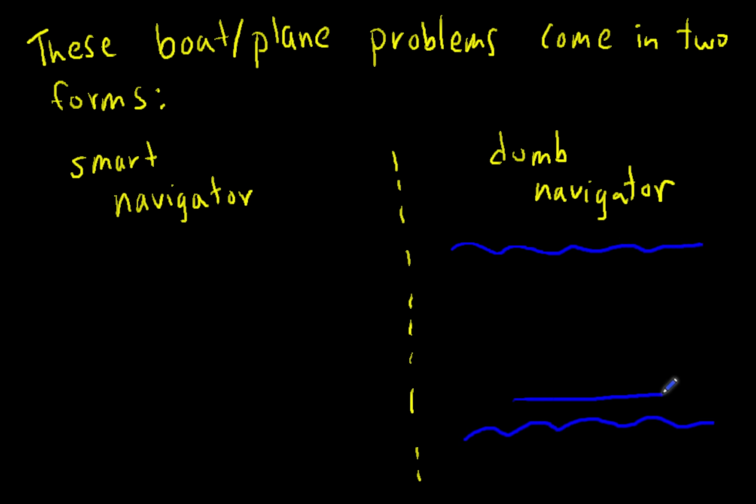They don't realize the current is going to push them down. So they have a river with a current, and they still try to point their boat directly across the river.